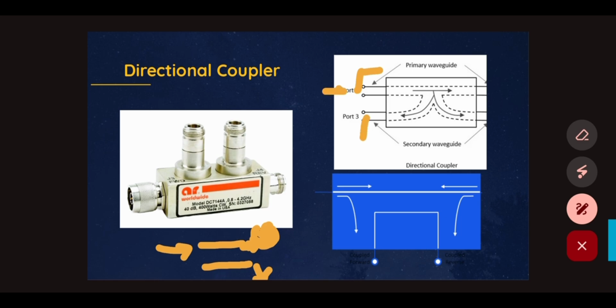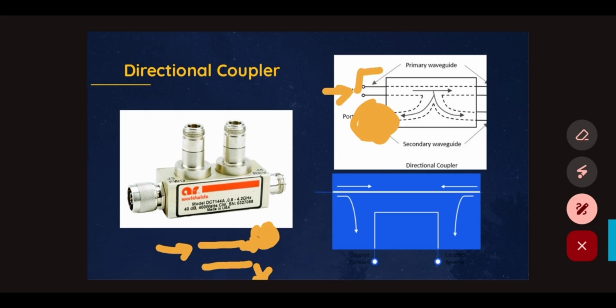So if we are injecting RF, some electromagnetic or RF signal will be introduced in port 3, which is called the coupled port.